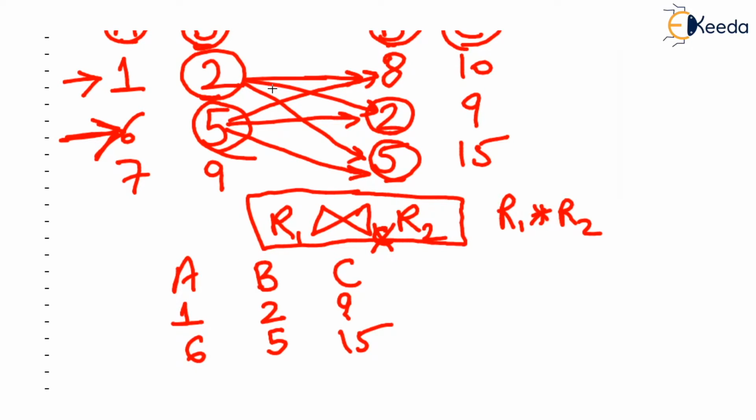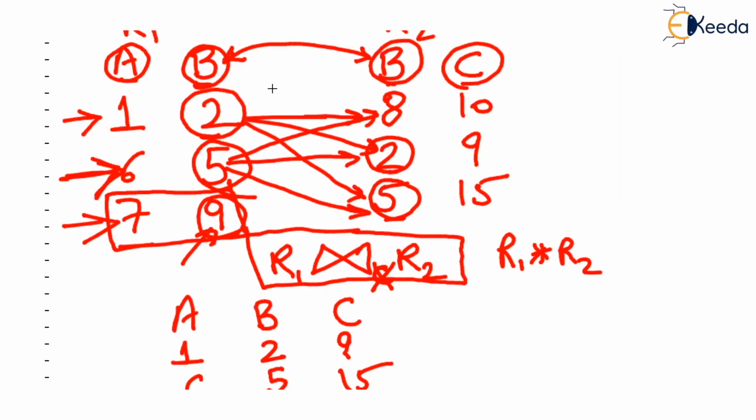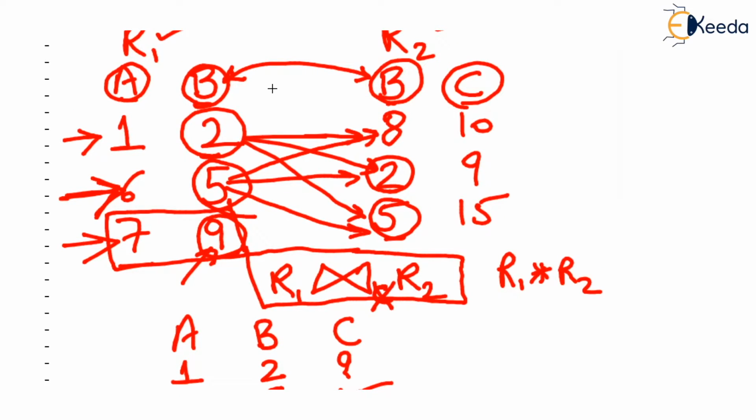But what will happen to 7, 9? Check out this row of R1. What is happening here is that this value of B, that is 9, does not have any match under the column B of R2. You can see that the values are 8, 2, and 5. 9 is never found there.